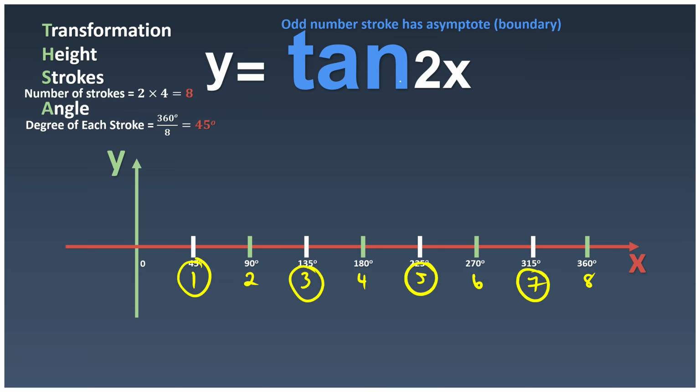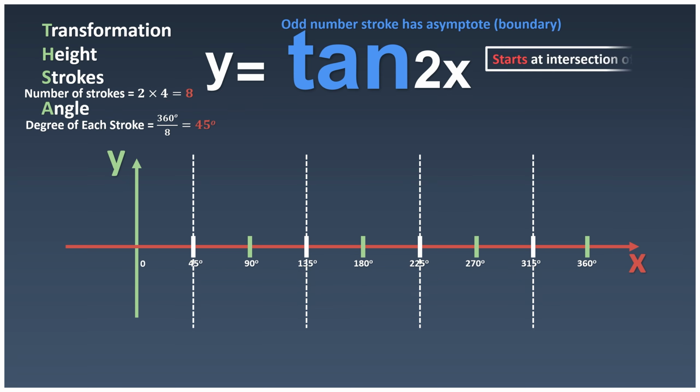Those odd number strokes will have an asymptote, which is our boundary. Then only when we start at the intersection, where I already explained to you, they start at the axis, they aim for the maximum, but the ego will lead to go to minimum and slowly climb back the ladder. And the story goes again and again.